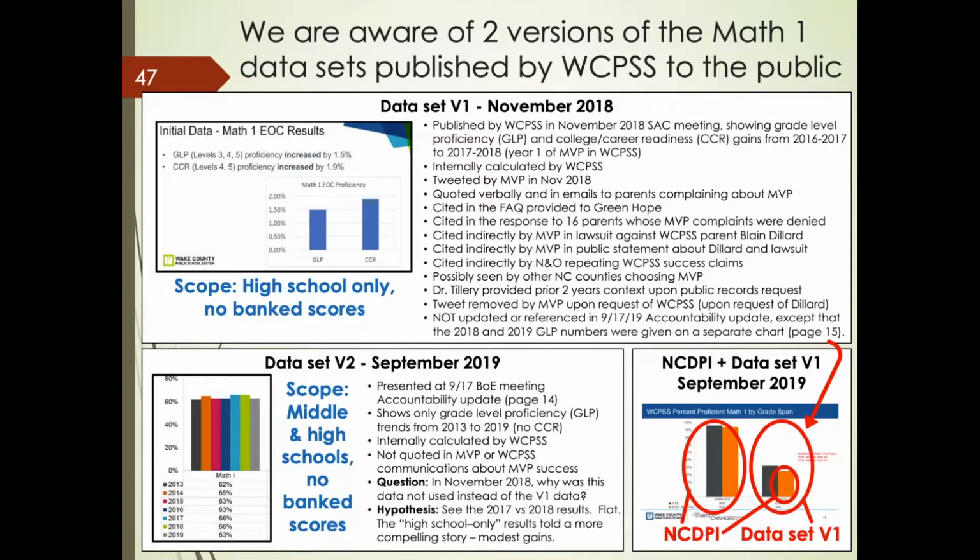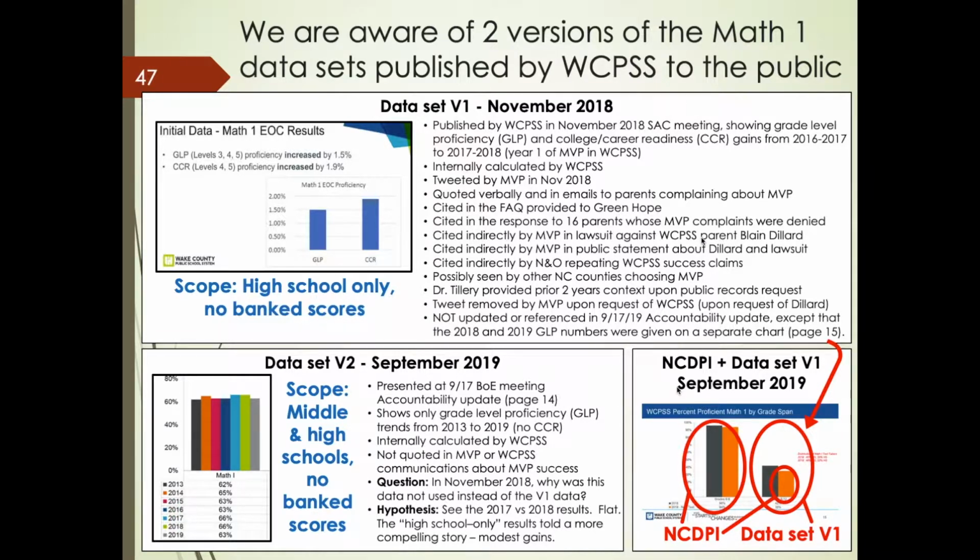You can draw your own conclusions, but I wonder if because these numbers were flat, say 66 to 66 from 17 to 18, maybe that was not a compelling story, whereas this was a little bit more compelling. Again, just a hypothesis. An alternative hypothesis is that the year one of MVP was really only implemented at the high school level and not at both high school and middle school levels, as parents have been told repeatedly.